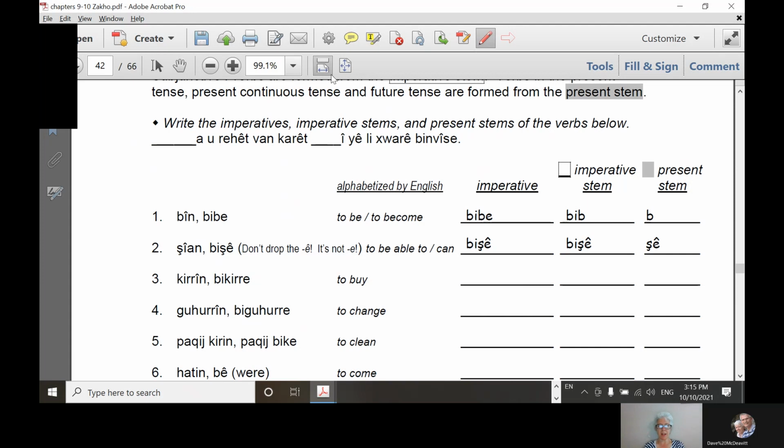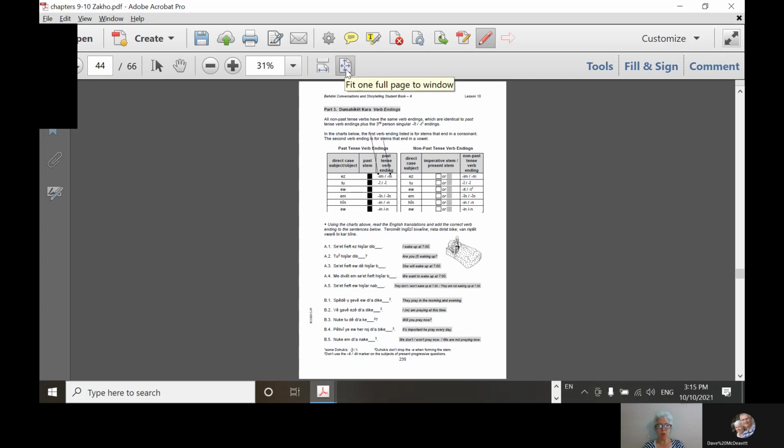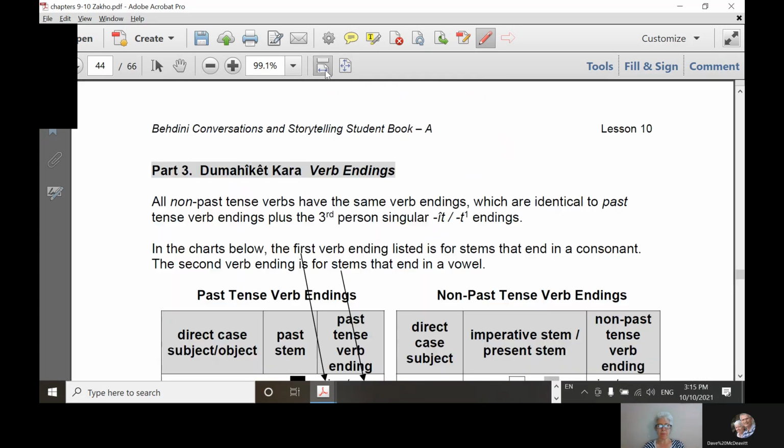So look at that. What does that look like? On page 235, we're going to talk about verb endings. All non-past tense verbs have the same verb endings, which are identical to past tense verb endings, plus the third person singular endings.